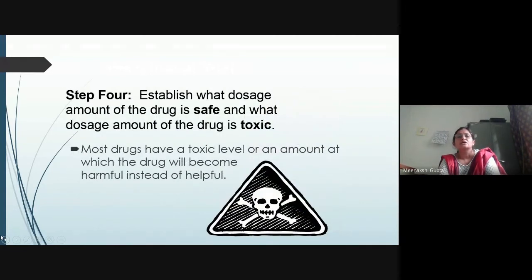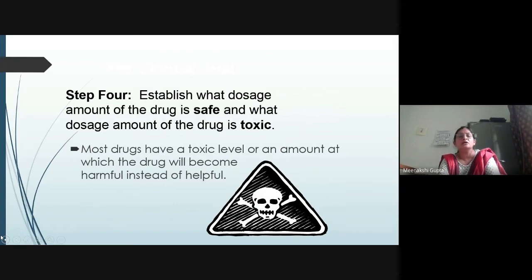Okay, the next is to establish doses: what amount of the drug is safe and what amount of drug is toxic. Okay, you must have heard about LD50, that is lethal dose, and LC50, lethal concentration.